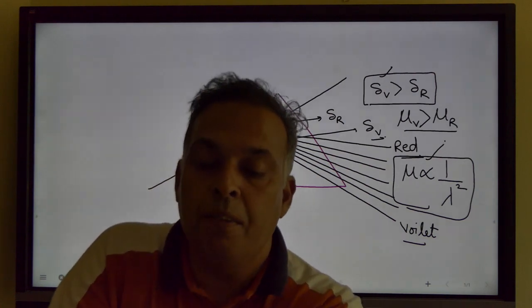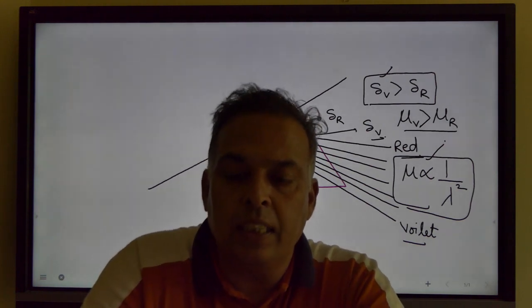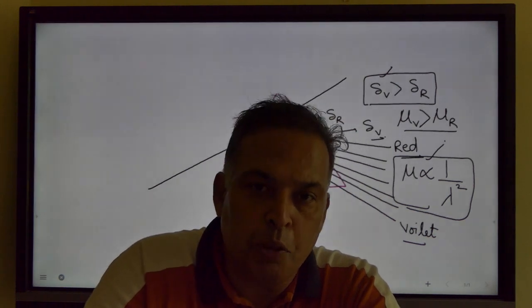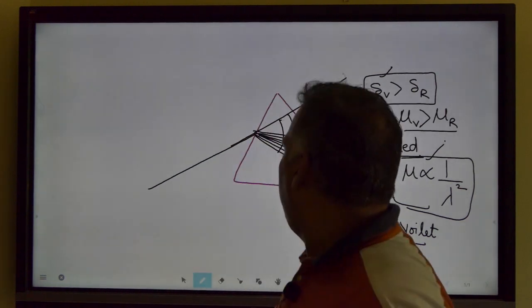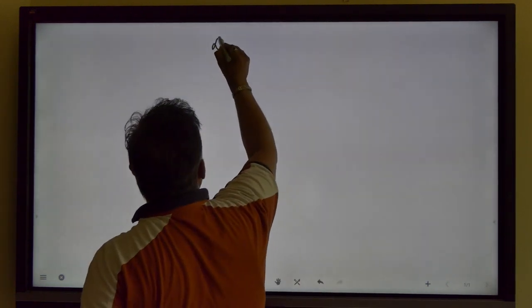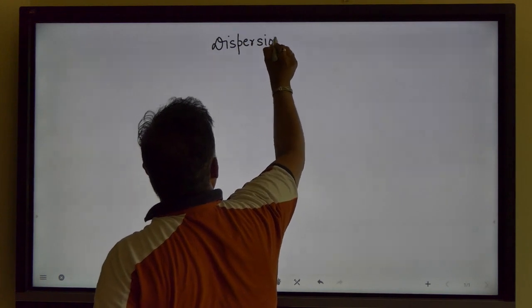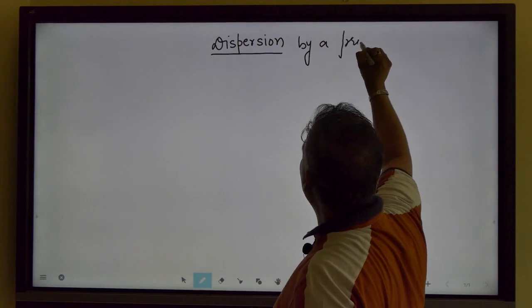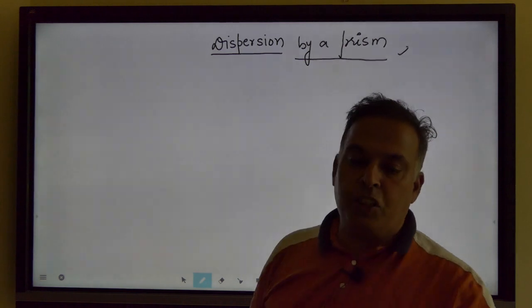Next phenomenon, we have to show the angle of deviation in the case of dispersion by the prism. How do we show dispersion by a prism? What is the meaning of dispersion by a prism?